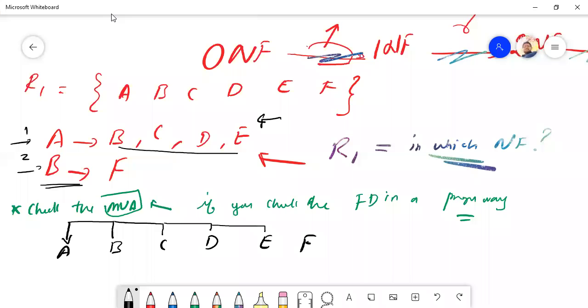F is depending on B, right? So now we know about the dependency.